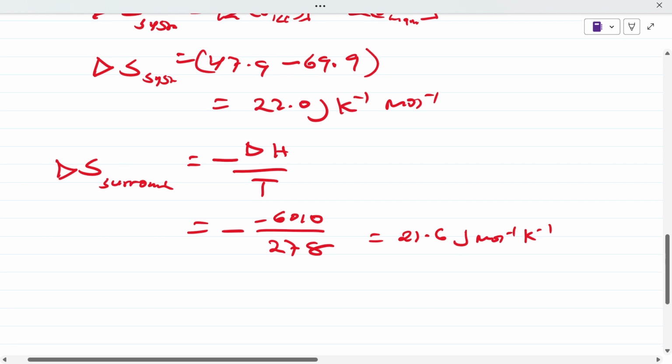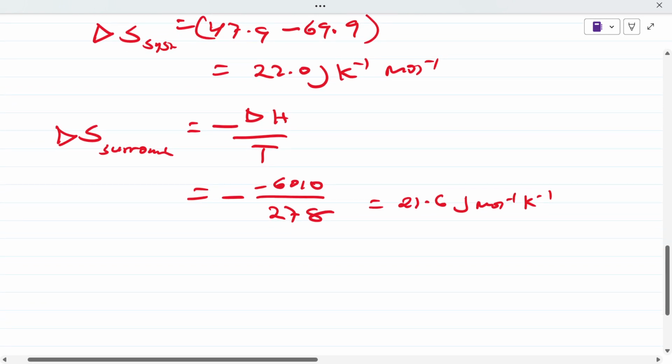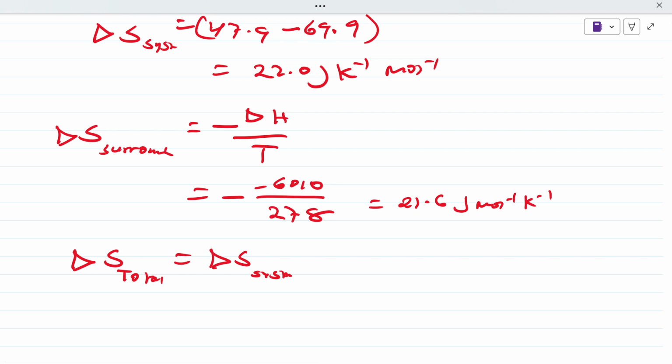So if I'm to calculate my delta S total for that given reaction, it is going to be delta S of the system plus delta S of the surroundings.